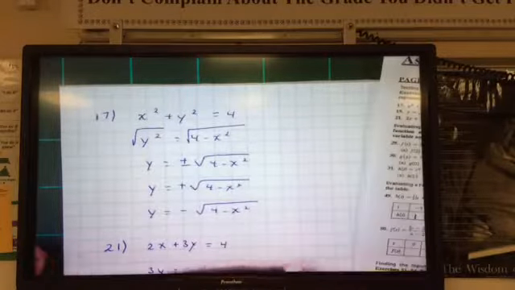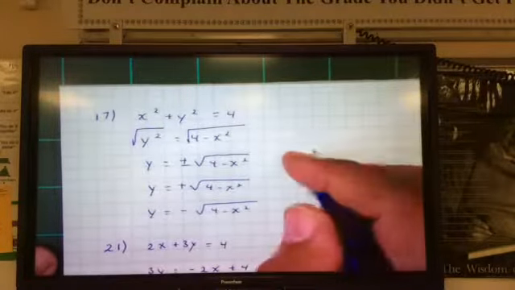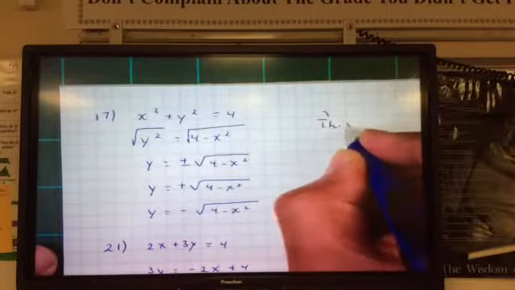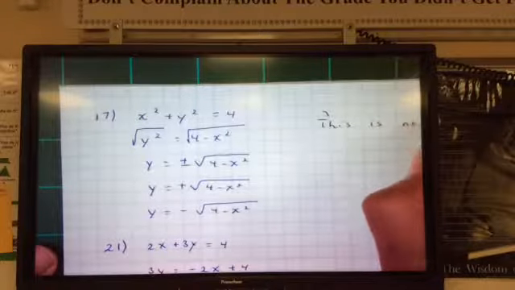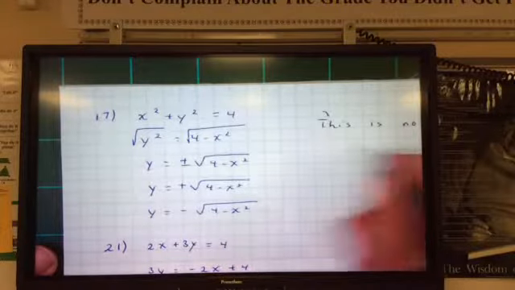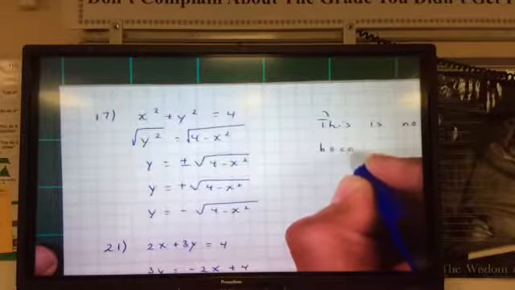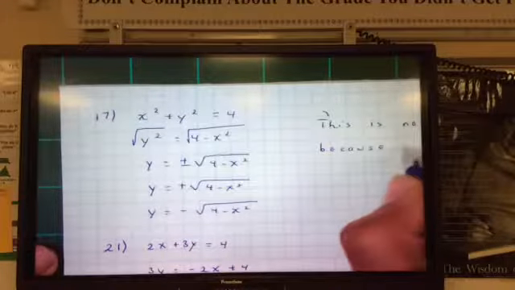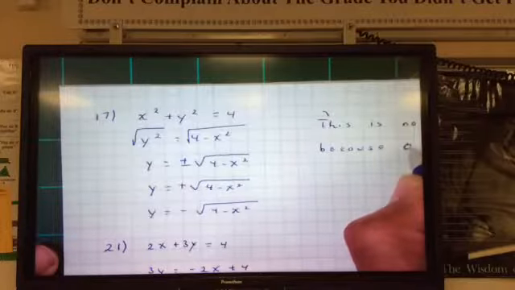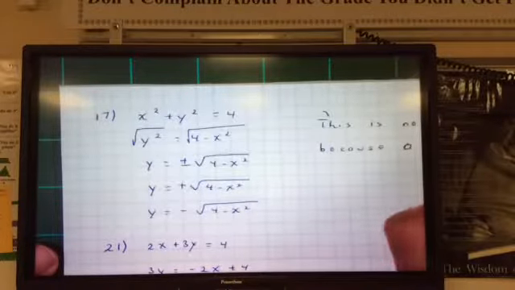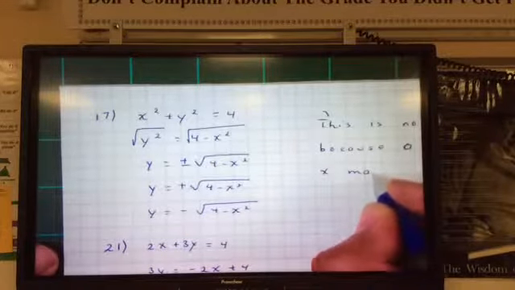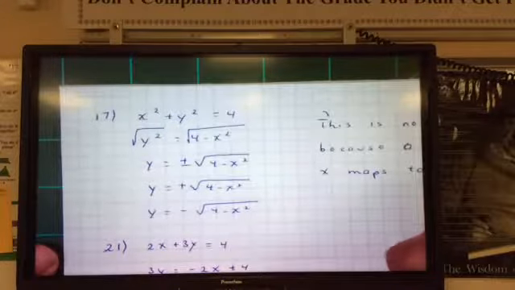Now how do you write your answer? For number 17 you would write this is not a function because, let's put it this way, a value of x maps to two y's.